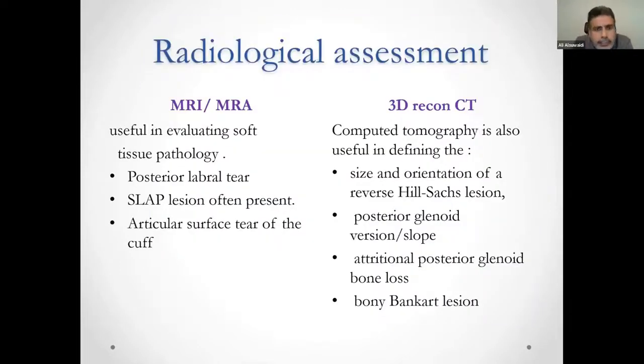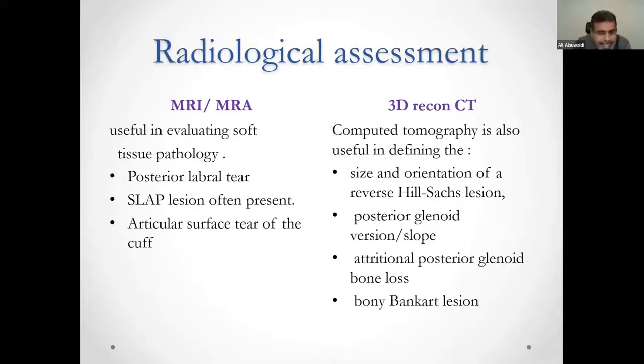With regard to imaging used for assessment, I found MRI useful. MRA, the MRI arthrogram, is also very useful in the younger population, but I found myself depending more on the MRI.